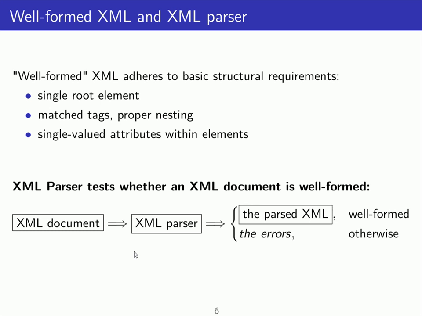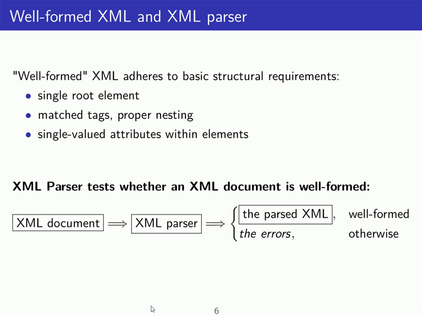If the document is well formed, then the parser will return the parsed XML, which could be a document in the form of a document object model, or if the document is not well formed, the XML parser will return the errors.